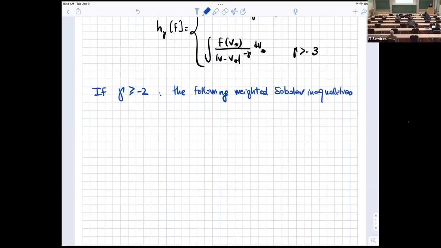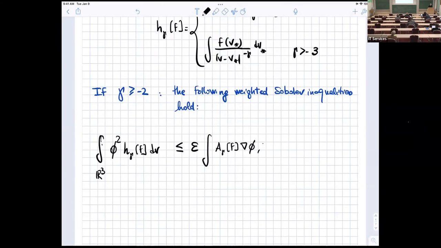And it's a family of inequalities. So that the integral of phi squared weighted with h of f dv in R3 is less or equal to a small constant epsilon times a diffusion term, a coercive term weighted by a of f, plus 1 over epsilon to some power times the L2 norm of phi squared.